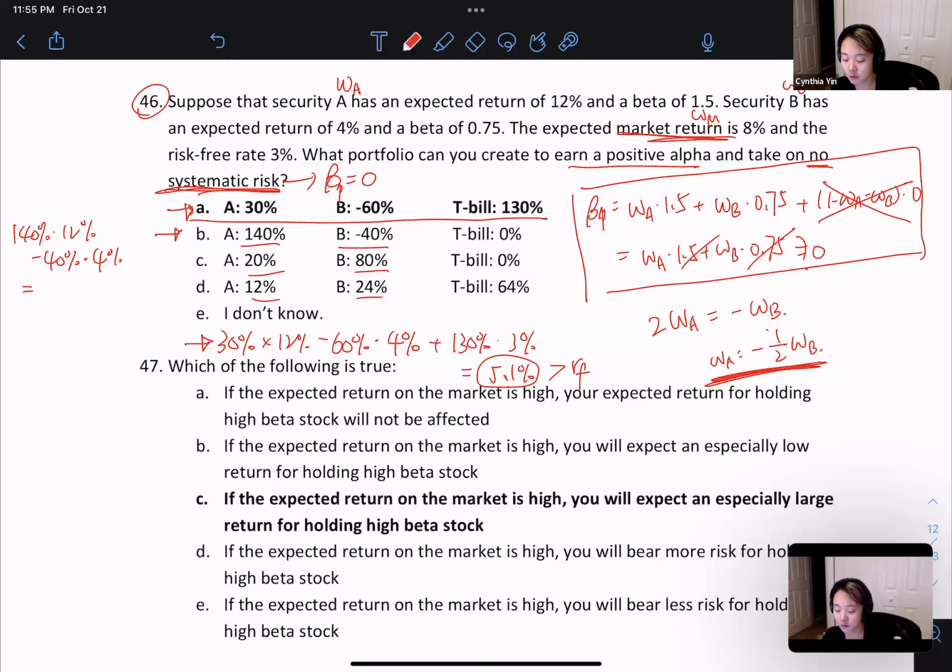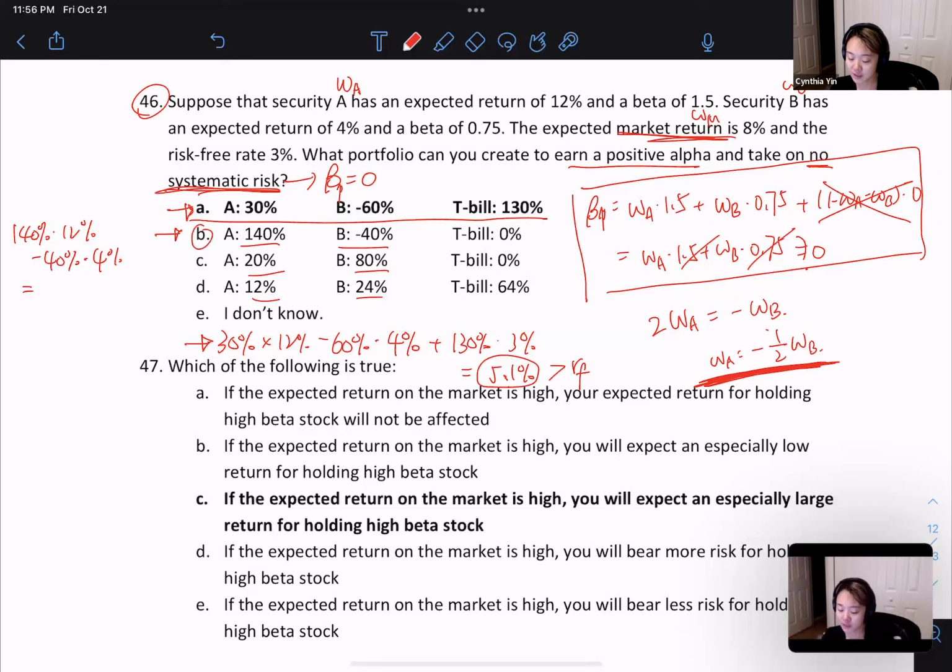But if you focus on security A, security B and Treasury bill as in the A, B, C, D choices, and you want a beta P equal to 0, the only way is to satisfy the relationship I just highlighted: WA equals negative half of WB.